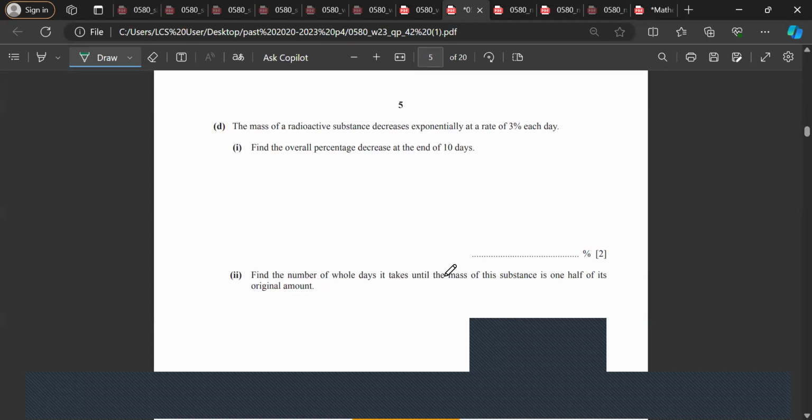Decreases exponentially, so I am going to write the rule of the exponential decay, which is A equal A initial times 1 minus R over 100 power T. Any problem in this rule? Can you tell me what is A capital and what is A initial, which is the initial? Where is the initial substance and where is the final substance?